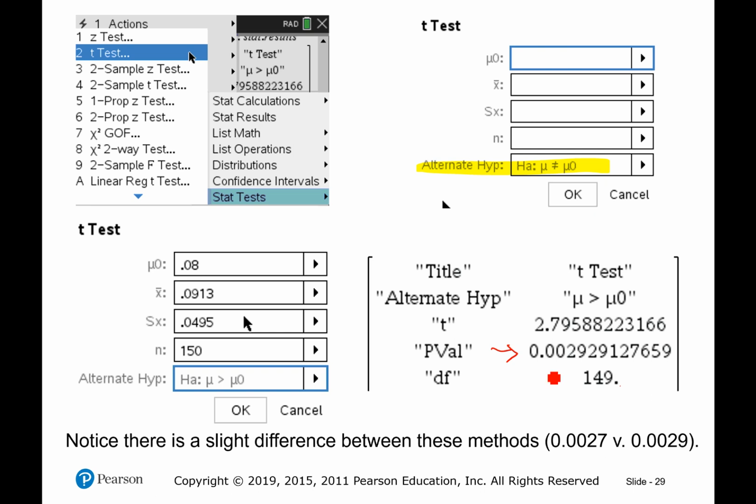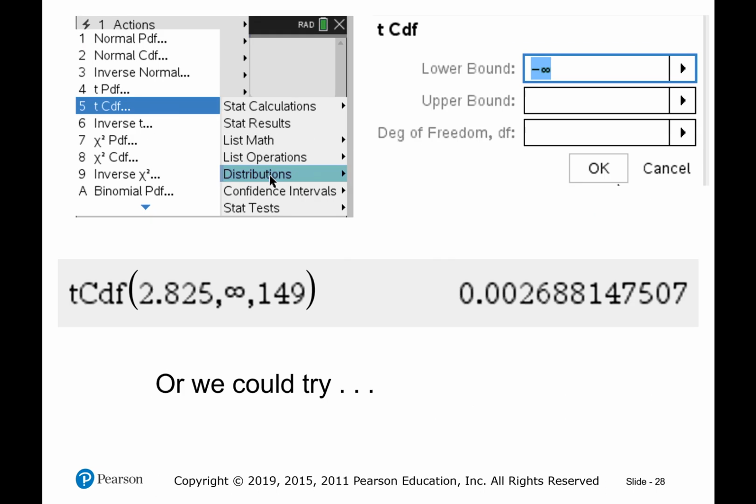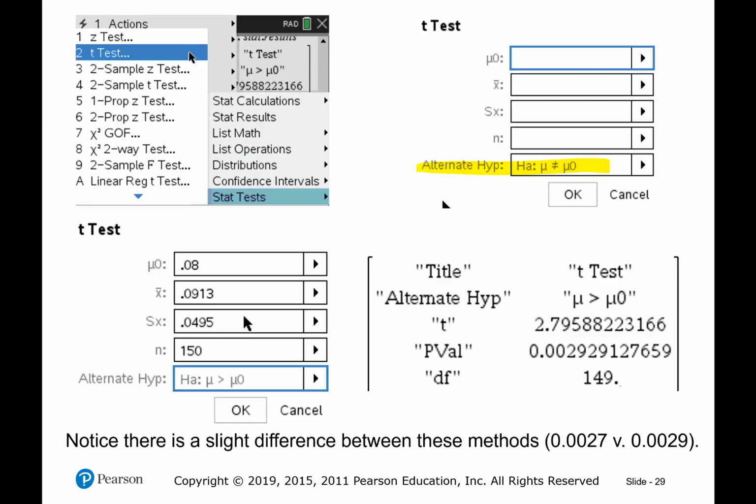Okay? Now, I've been going through this very quickly. Don't know if you're pausing and backing up the video here. Here, our probability, if we go, say, to 4 decimal places, 0.0029, compared to when we use the t distribution function, 0.0027. Okay, so there's a slight difference in those methods.